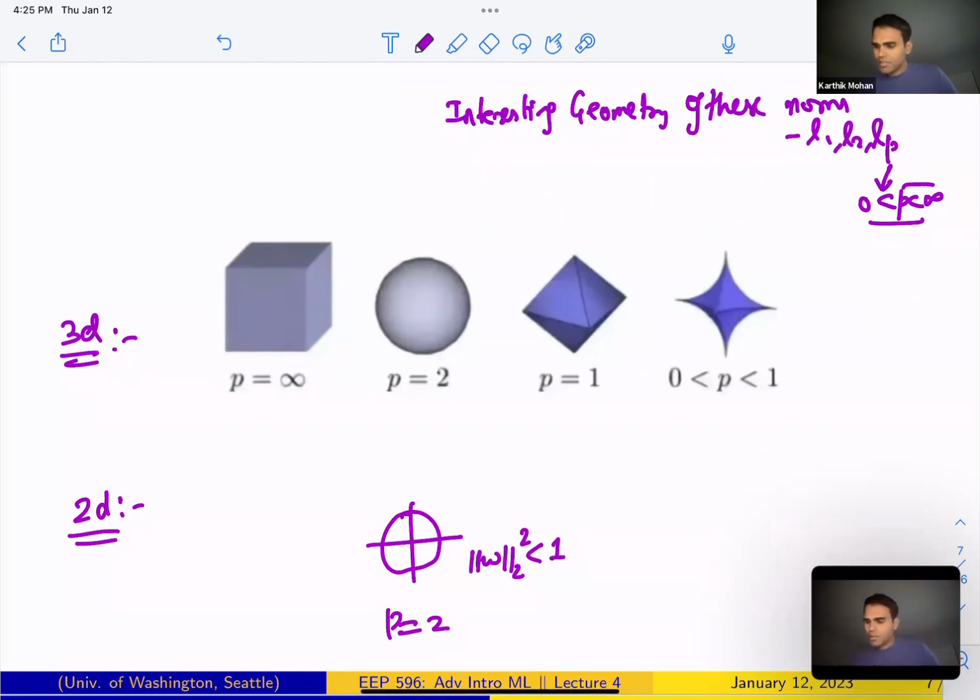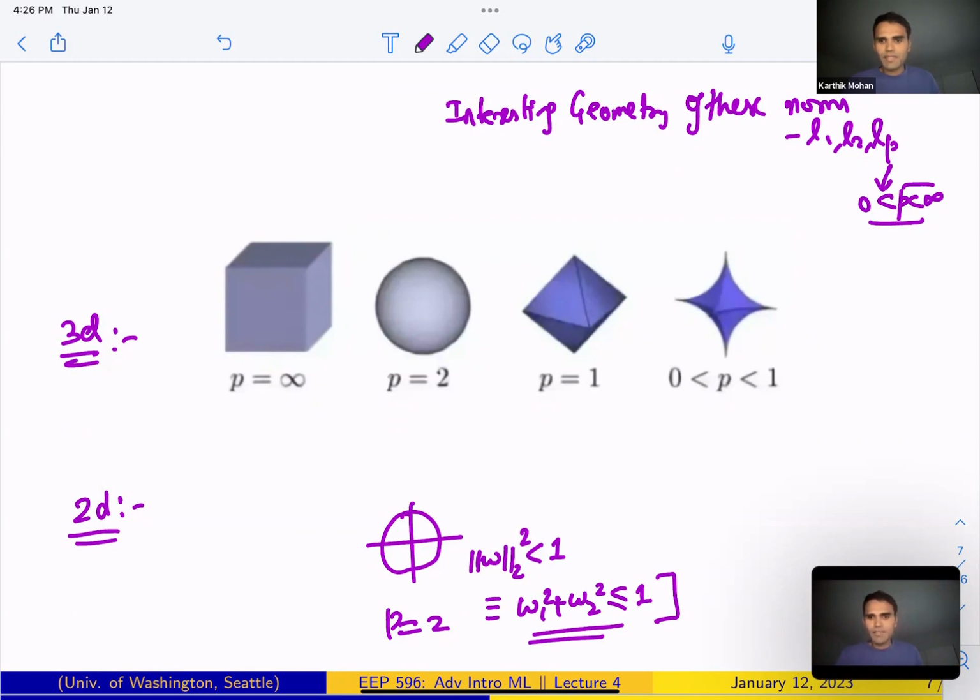What is this? This is the same as w1 squared plus w2 squared is less than or equal to 1. What does this equation remind you of? You must have seen this.